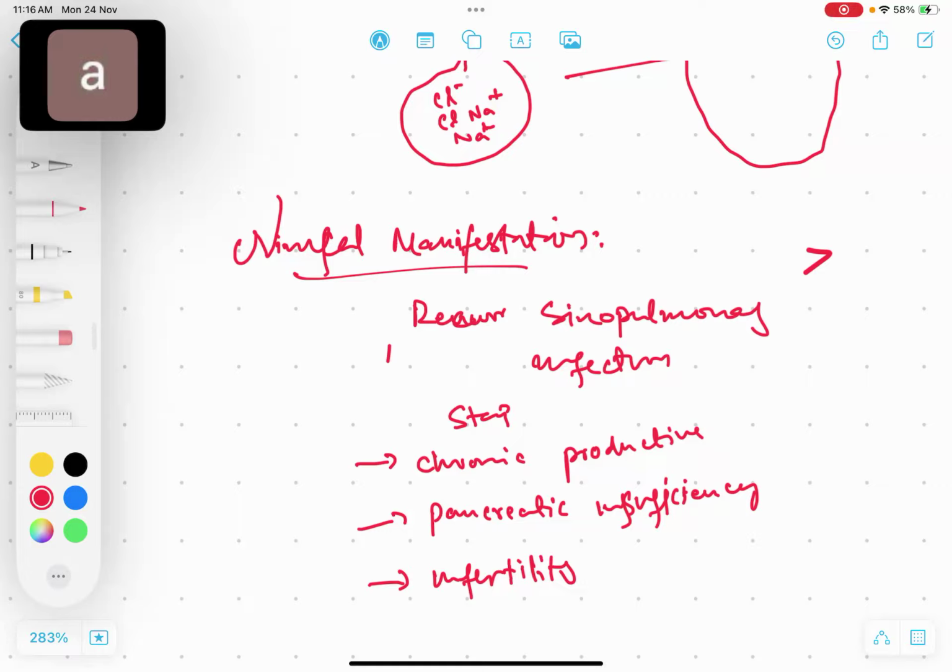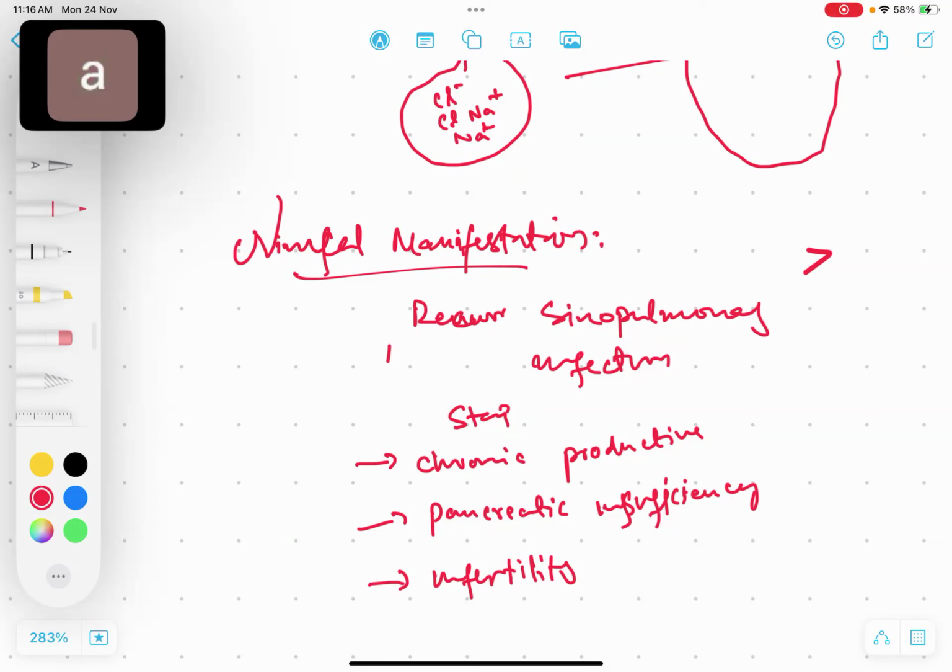Okay, so what will be the clinical signs and symptoms in a patient with cystic fibrosis? So they'll present with sinusitis. They'll present with recurrent sinopulmonary infection, for example, pneumonia, etc. Rhinosinusitis.